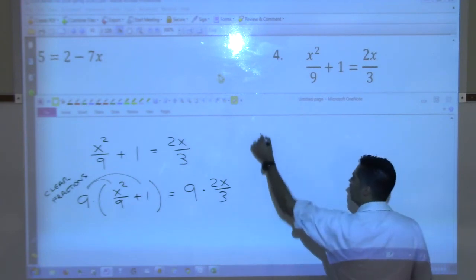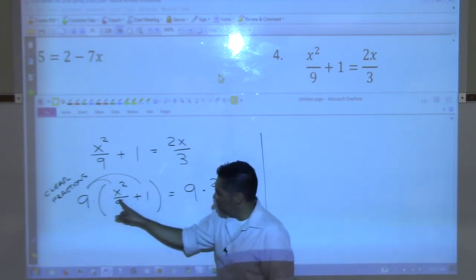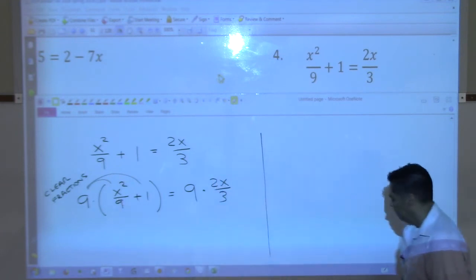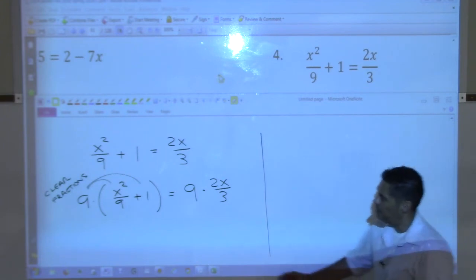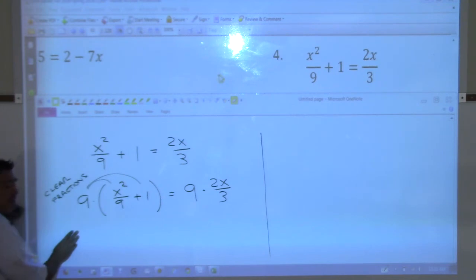So what do we get when we do that first multiplication? That 9 times x squared over 9. Is David around? Yes, David. So what do you get here, David, when you multiply this through? Don't you cancel the 9? Yeah, the 9s are going to cancel, right?